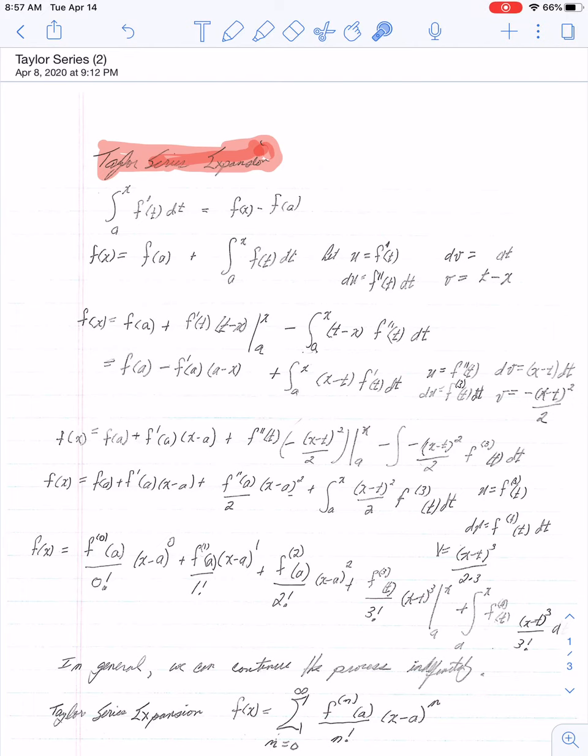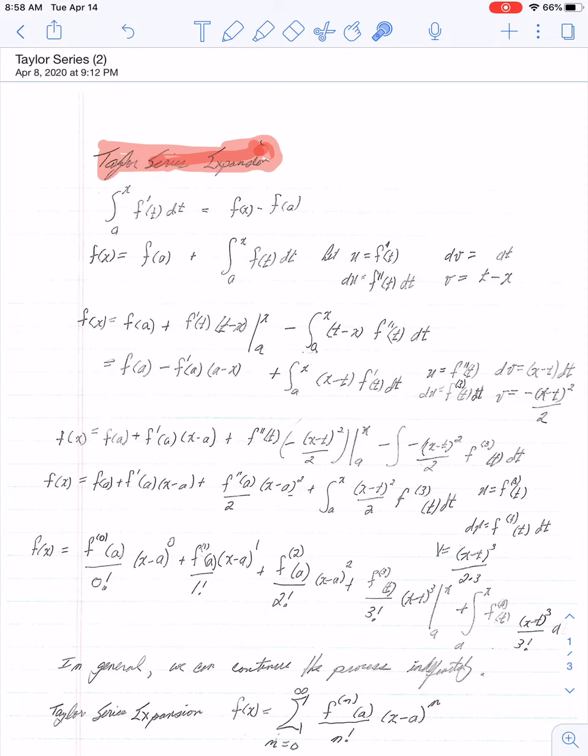All right, and here's the way we do it. So suppose f, our function, has as many derivatives as we want. Well, the fundamental theorem of calculus says that if I go from a to x of f prime of t dt, f prime now, what does that equal to?